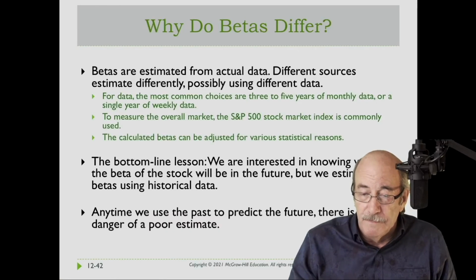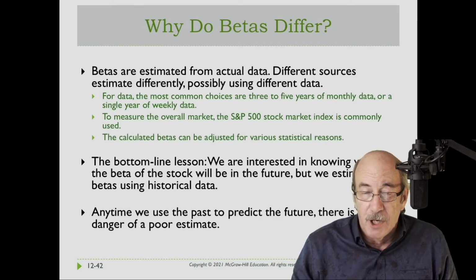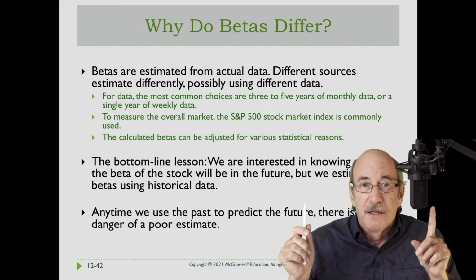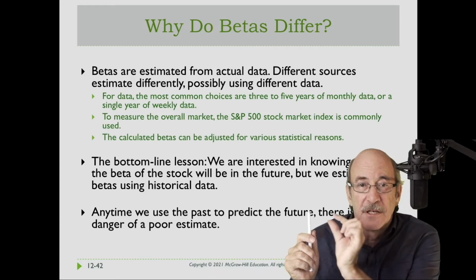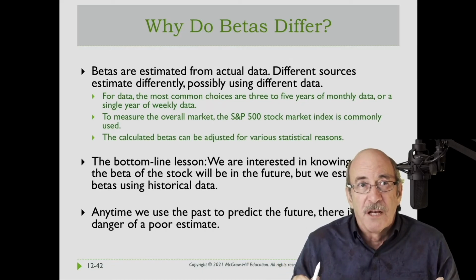All right. Why do betas vary? Well, we talked about that before. To me, the key thing is span and frequency. How many observations within the span? It's always a question of span and frequency.